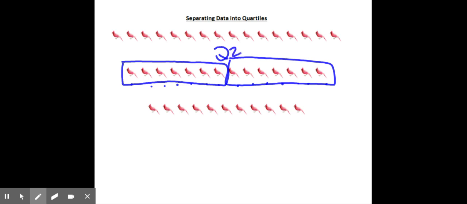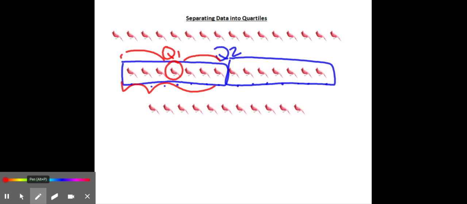Now the question is, where's quartile 1? Quartile 1 is the median of the lower half. The median of this lower half would be right here in the middle, this guy, because he's separating 3 birds here and 3 birds here. So if there's an actual piece of data that separates the lower half of data, you're going to circle it, and that particular bird or data point will be your quartile 1.